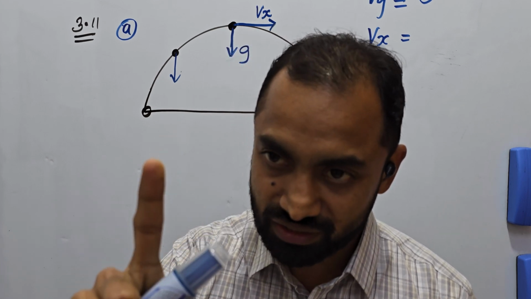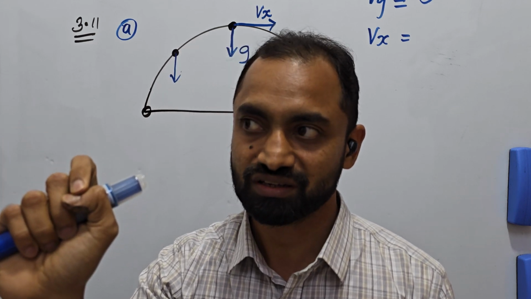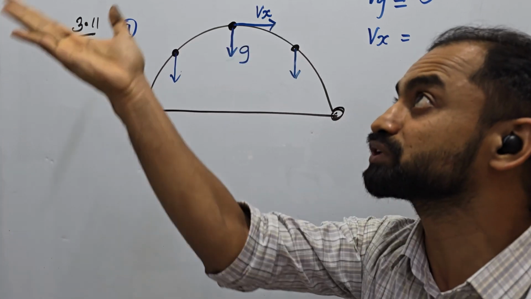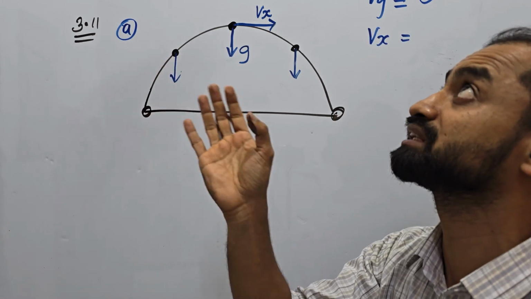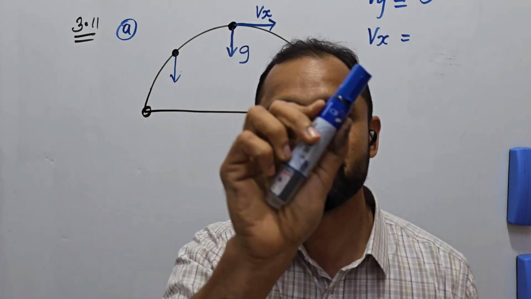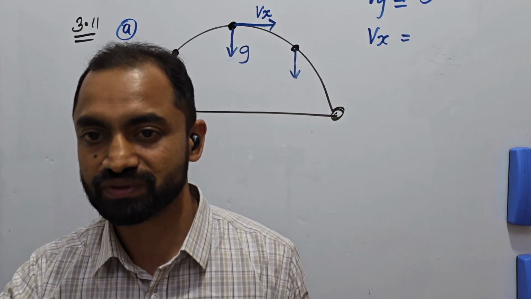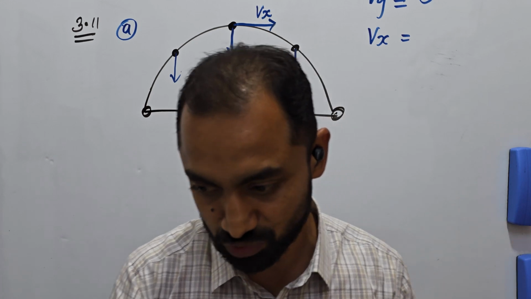Projectile motion has horizontal motion and vertical motion. If you throw straight up in the air, it has only vertical motion. A projectile has both horizontal motion and vertical motion.